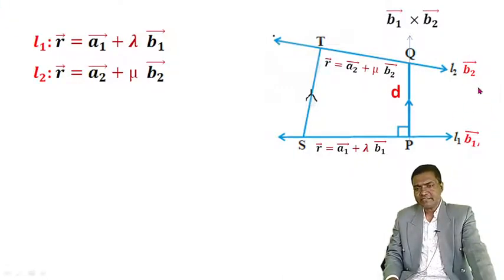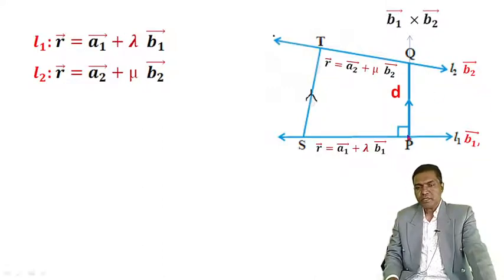As I said, b1 is the direction of L1. This stands for a line passing through a point whose position vector is a1 and parallel to vector b1. So the direction of L1 is along the vector b1. Similarly, b2 is the vector along the line L2.